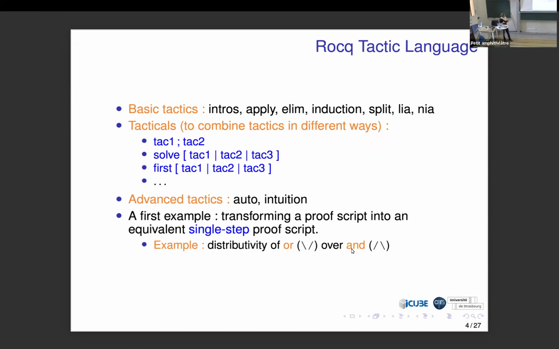If you do solve or first, it doesn't do exactly the same, but I don't know exactly how different it is. You have more advanced tactics like auto and intuition, which will do some stuff you know about if you're a Rocq developer, but you don't really know about if you're a beginner, for instance.